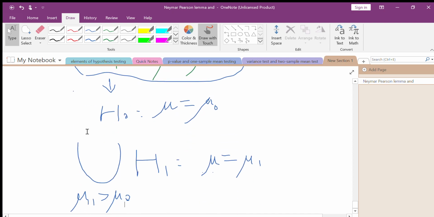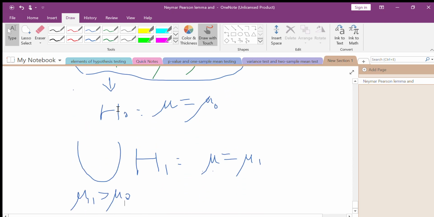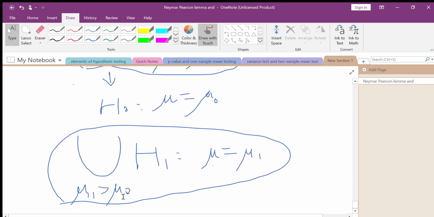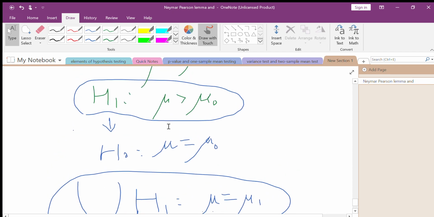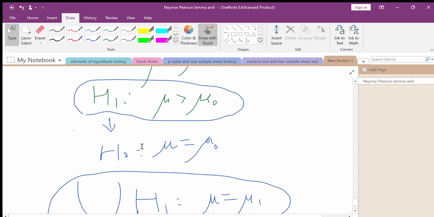Then this alternative hypothesis is equivalent to the original one because we union over all possible mu 1 greater than mu 0. Then such a union alternative hypothesis is equivalent to this one. So these two are equivalent.